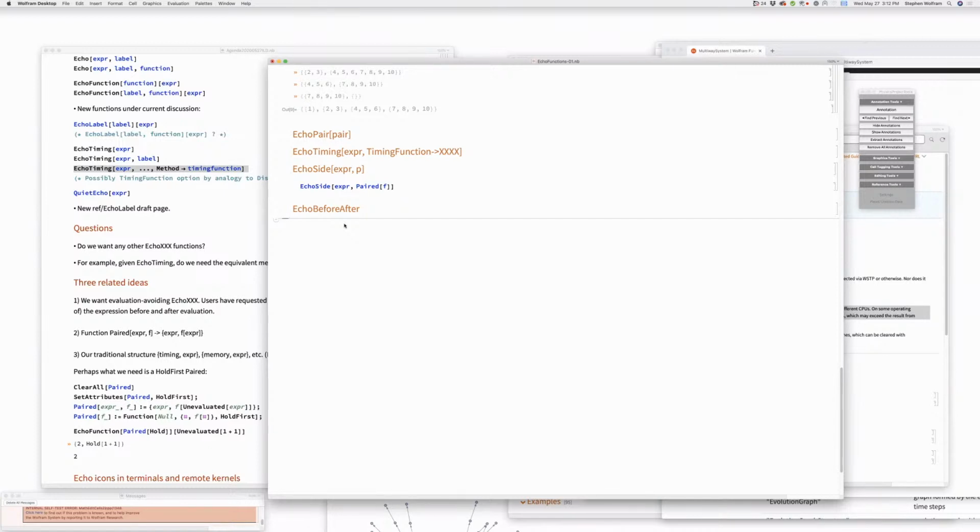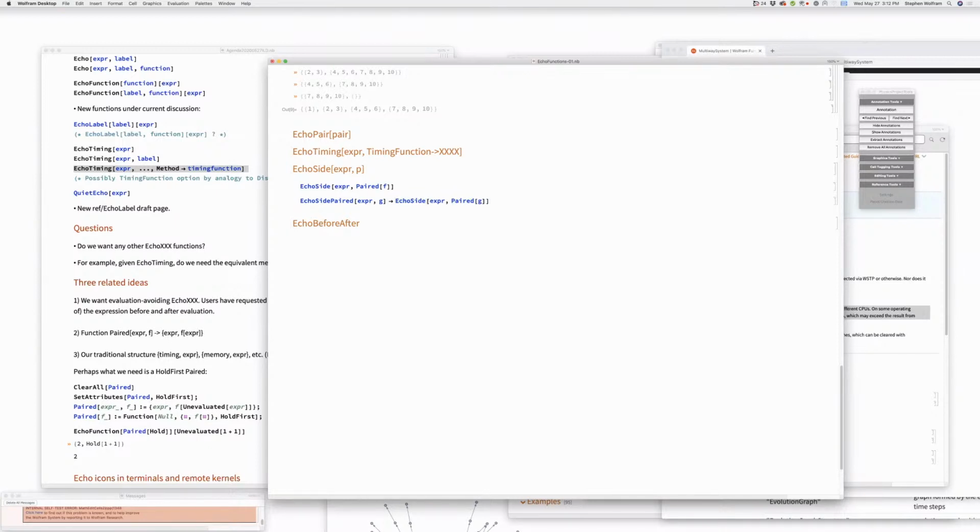But there's a possibility: there's like a total memory used or something that just returns the memory, so you would have to do paired of that. So expa comma G is equivalent to echo side of expa paired of G.